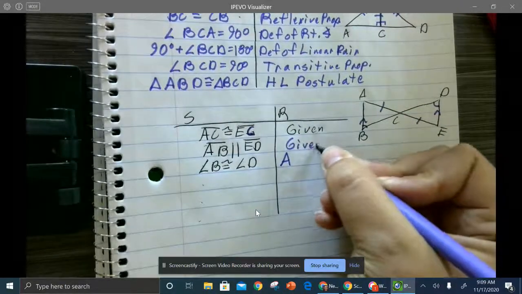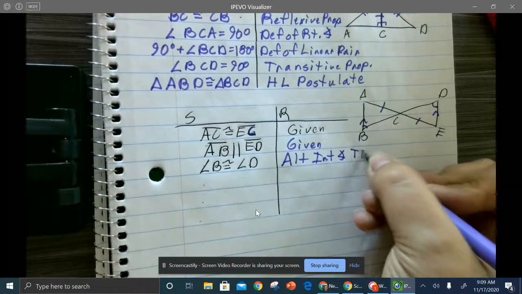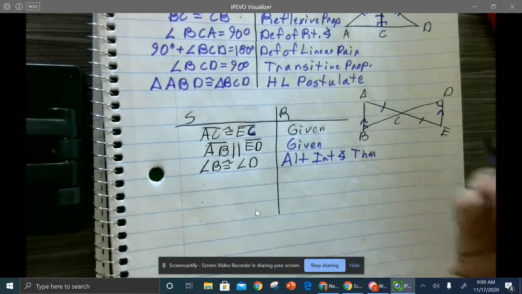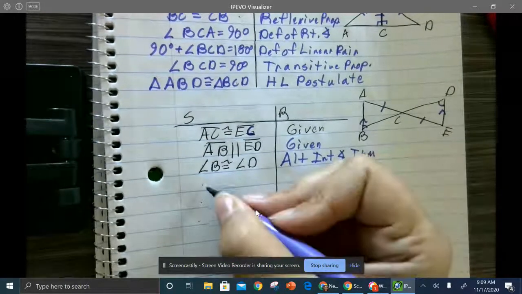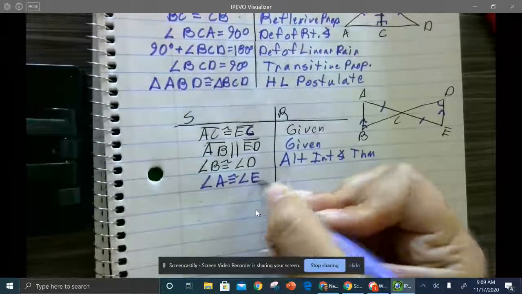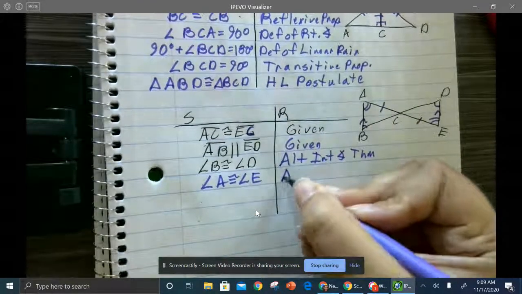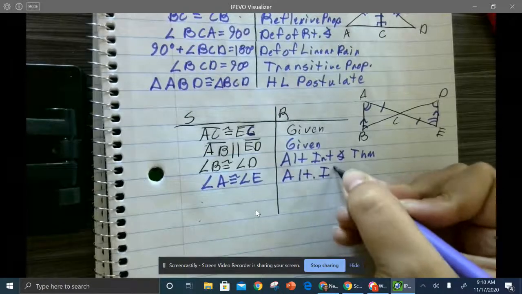Okay, and then we also have that angle A is congruent to angle E because they are also alternate interior angles.